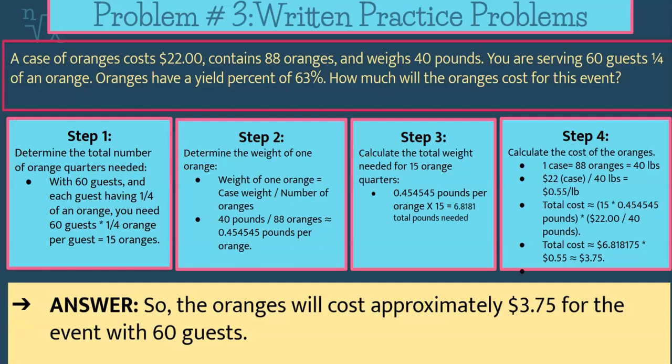You take 6.818175 times 55 cents, and you get a total of $3.75 to serve a quarter of an orange per guest. All right, 60 total guests.